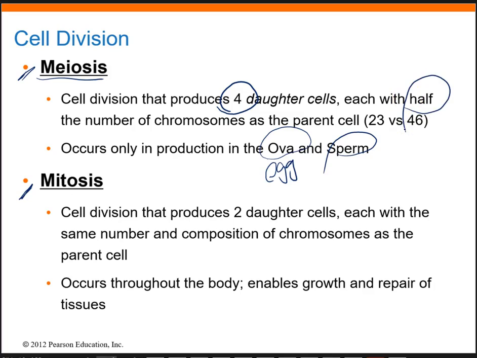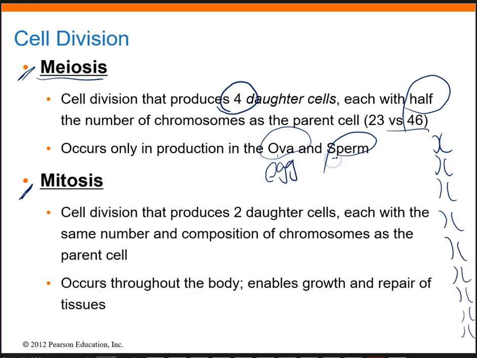So half the genetic material. Most cells have a total of 46 chromosomes. We have 23 pairs, right? So 2 of this chromosome, 2 of this one, all the way down, all 23 chromosomes for a total of 46.